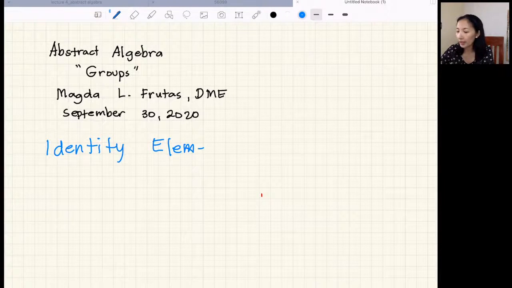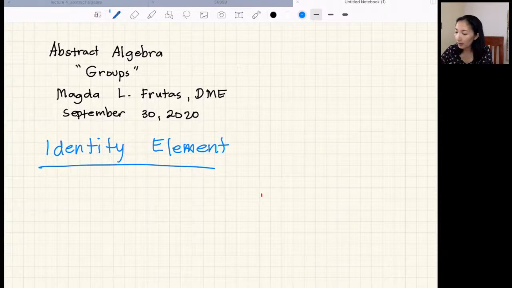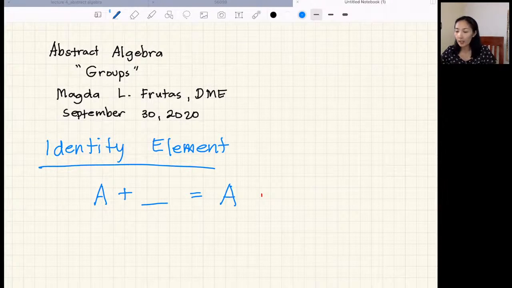When we speak of identity element, that is that which when added to A results in A itself, with respect to the operation addition. Let's use I for identity.